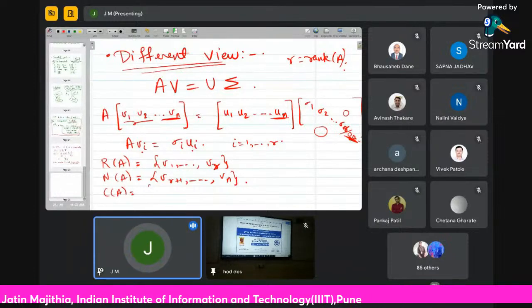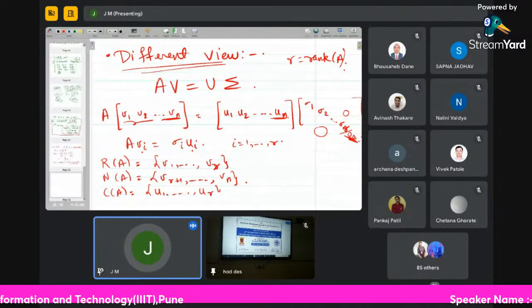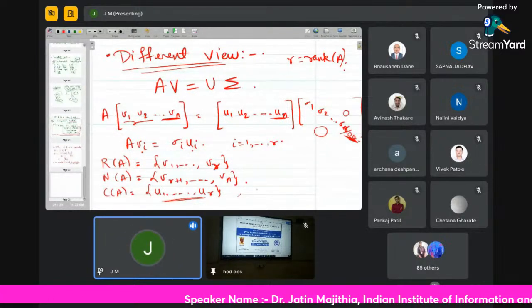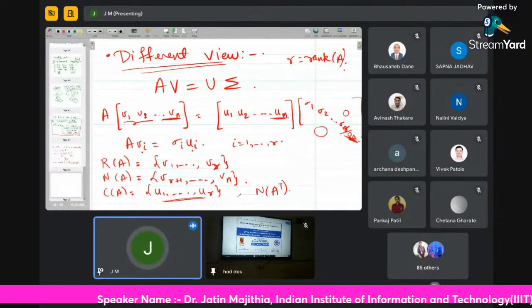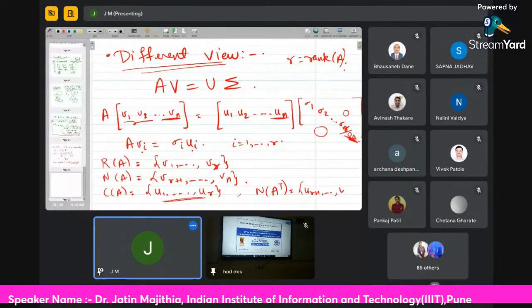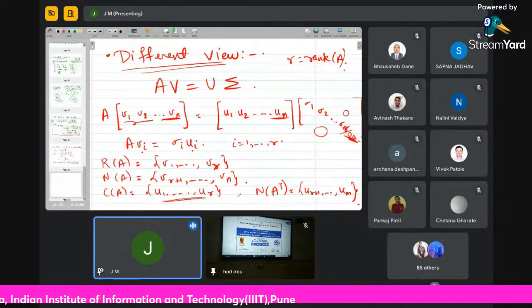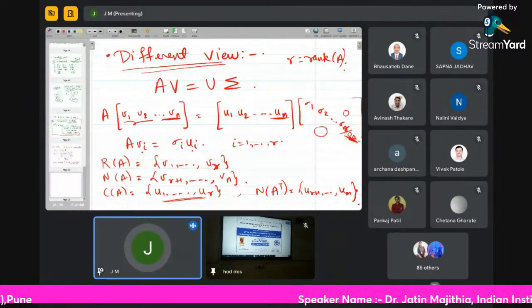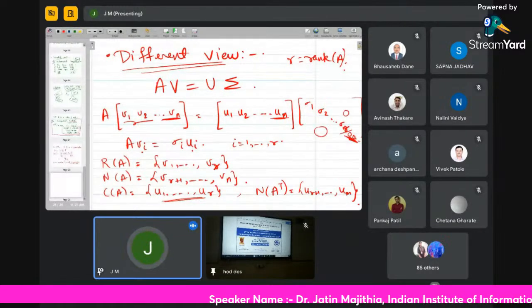Again, you take U1 to Ur, because the rank is r. I will have the r vectors over here, and the null space of A transpose will have Ur plus 1 to Um. So you can see, once you have SVD, you can talk about invertibility, you can talk about the singular values, and you can talk about the bases for the row space, null space, column space, and null space of A transpose.